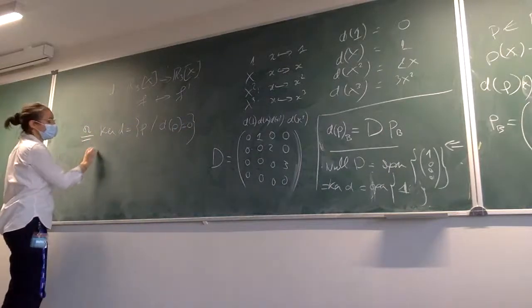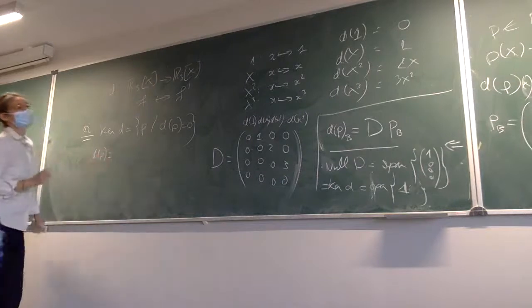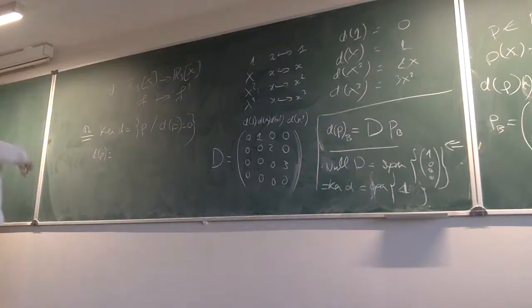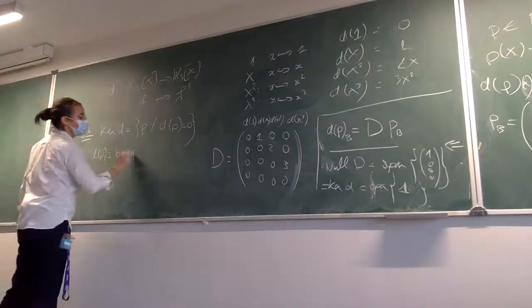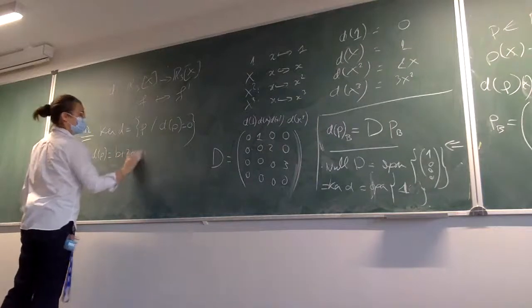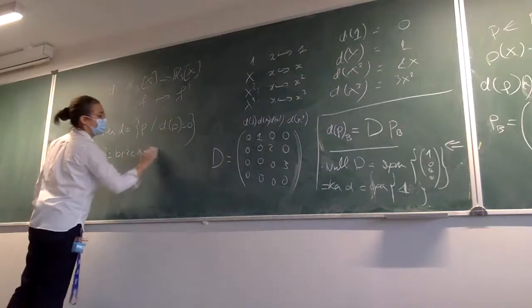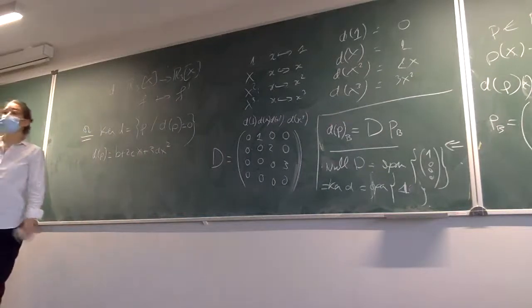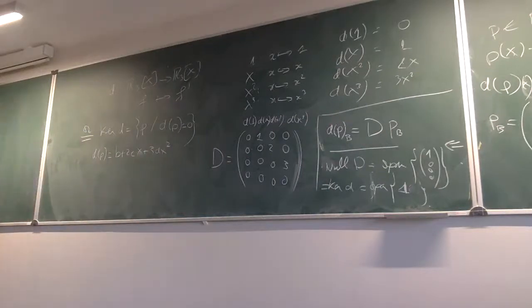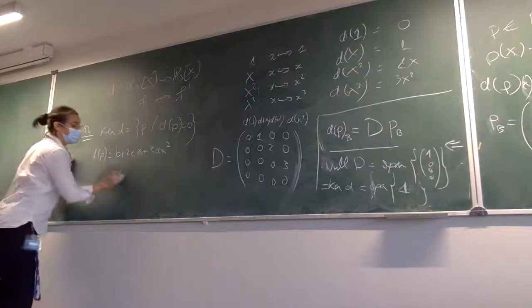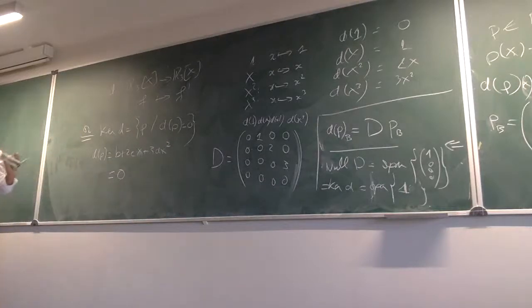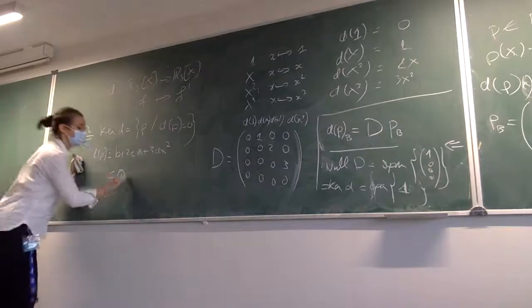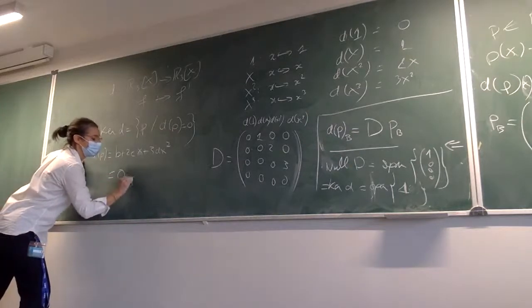Now, if I do D of P for any polynomial of P3, we know it's going to be, as we did earlier, b + 2cx + 3dx². And that should be equal to 0, the constantly equal to 0 polynomial.